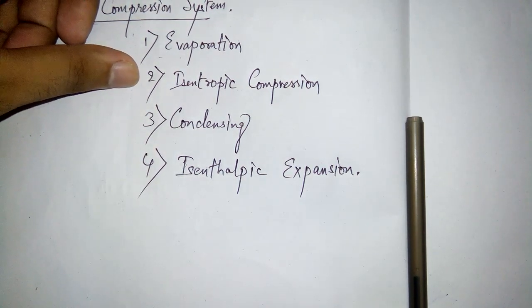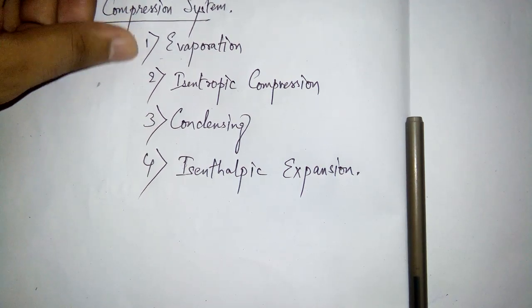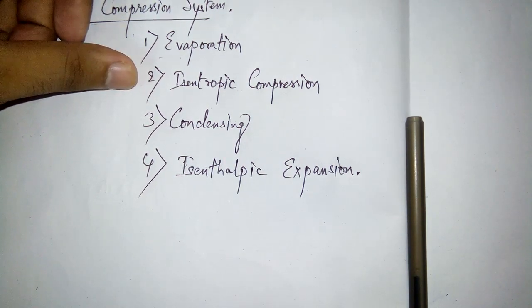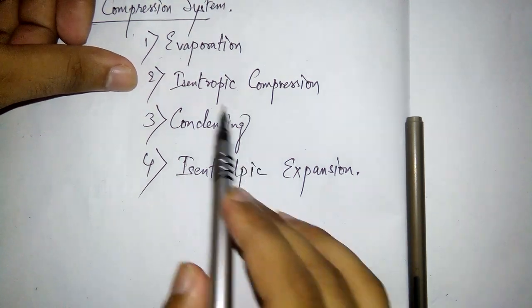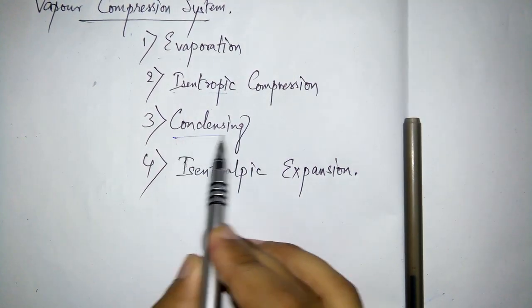Then, after the exit from the evaporator, it is going to the compressor for isentropic compression. Isentropic compression means entropy is constant. Practically entropy is not constant, but for the sake of simplicity and for doing problems, we consider that entropy is constant.